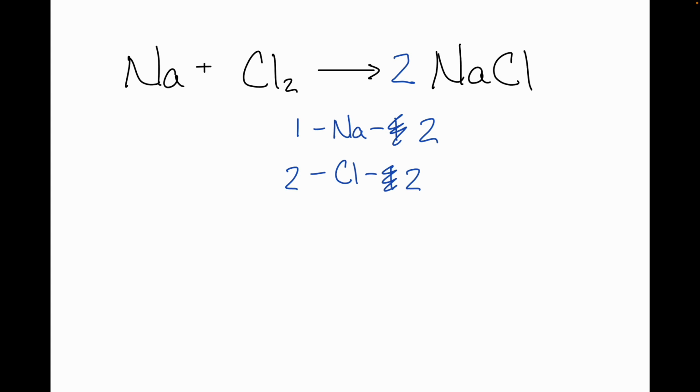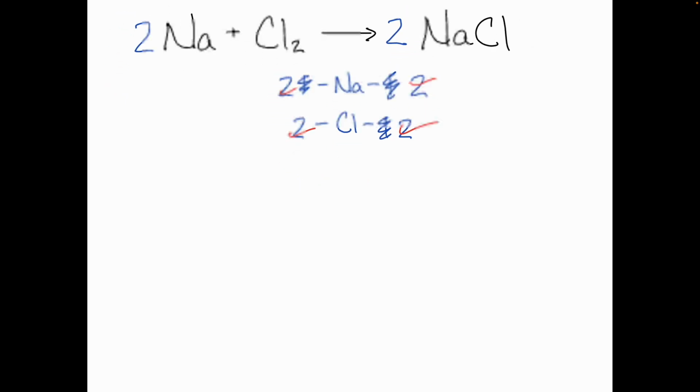So my sodiums were balanced, and now I just threw them out of balance, so now I'm going to jump back to my other side and balance those out. And how do I know that I'm done? Because everything matches on both sides of my chemical equation. All right, so it's kind of a guess and check. You just got to bounce back and forth, find the problem area, fix it, see what happens. All right, cool. Let's do another one here.